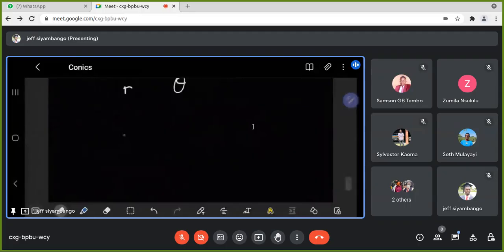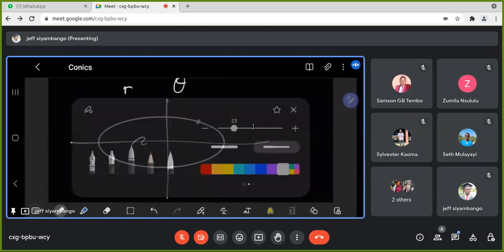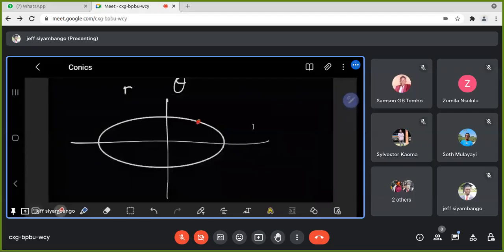You can even say you have an ellipse like this, and you have a point right along the circumference of your ellipse here. The radius there as r would have to be this, and then the angle would have to be this angle here. Notice that we can relate x to r and theta, because you form a right angle triangle here.